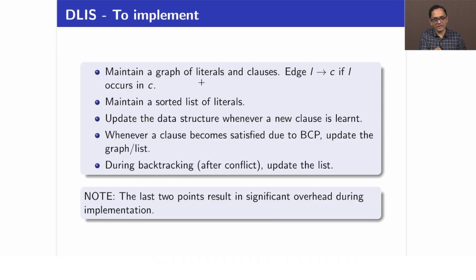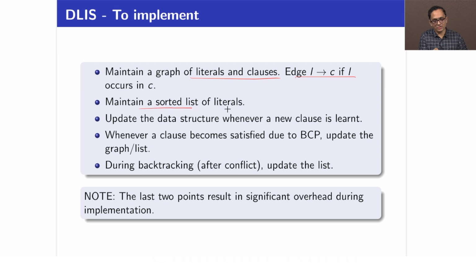What does it mean? For every new clause you learn, you update this score, right. And it is not only the clause you learn; when you do this, some clauses are getting satisfied also. So, you reduce the score for those literals that are occurring in those clauses. Effectively, it maintains a graph of literals and clauses, with edges from the literal to clauses.